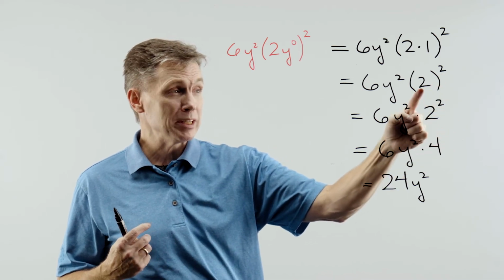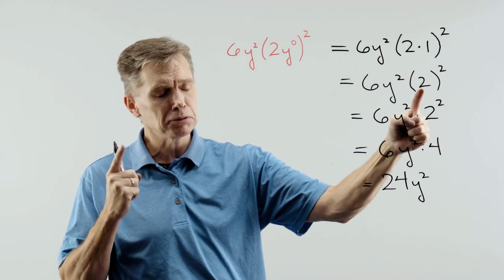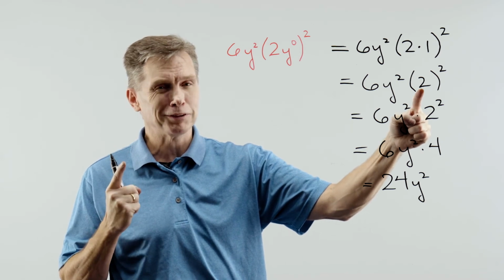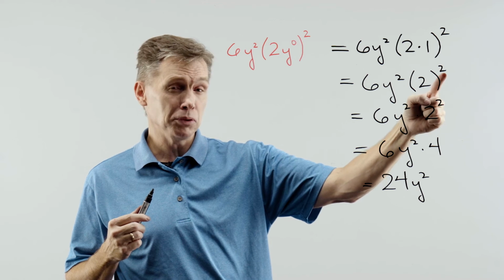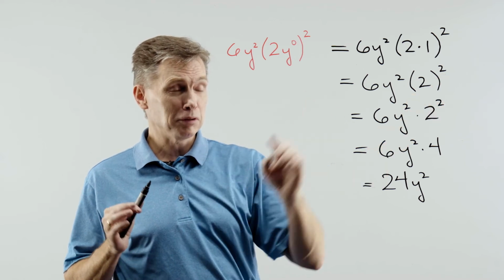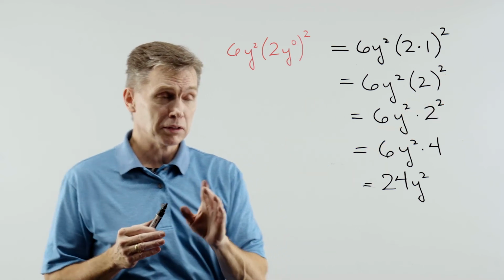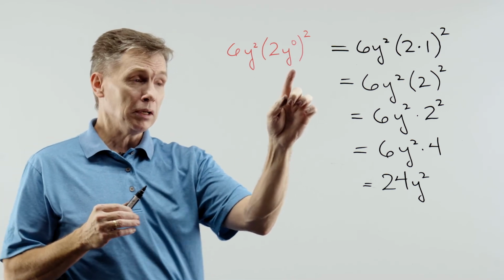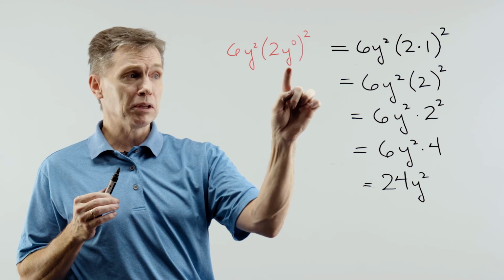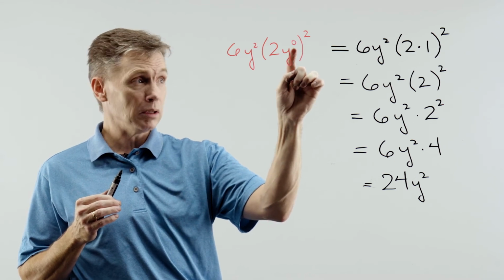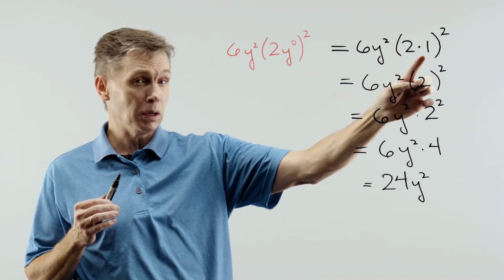But if I had 3 different things being multiplied, this is important, if they're factors, each of those 3 factors would get the exponent of 2. Okay, and be careful of that. So, in fact, let me back you way up to the beginning even. We got, I don't want to say lucky, but in this problem, it simplified right away because the y was to the 0 power, and so it simplified to 1.